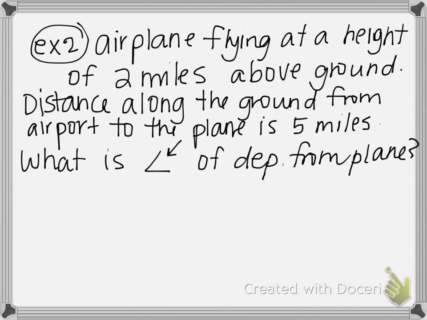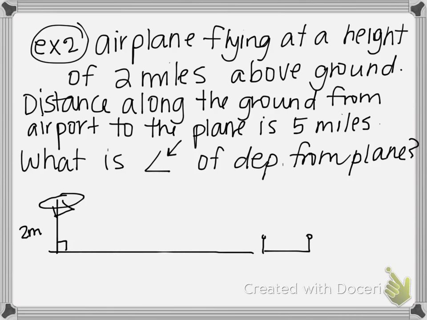Alright, so here's our scenario. We have our little plane, and yes, I know it looks like a UFO, but that's our little plane. And then we have our little airport here, with our little runway and all this kind of stuff. So we know that our airplane is actually 2 miles up and 5 miles from the airport. So we want to know the angle of depression to the airport.